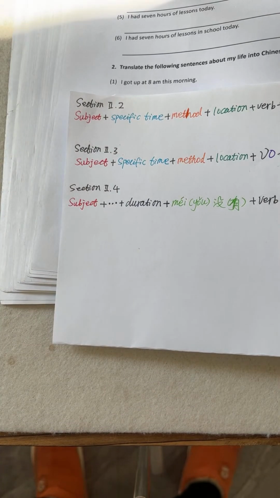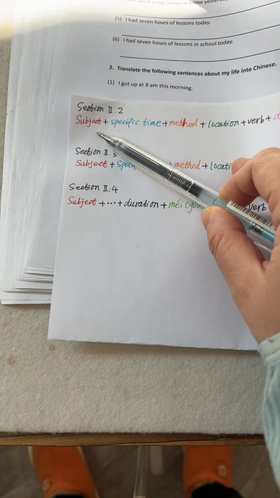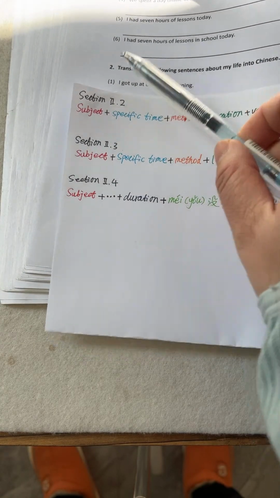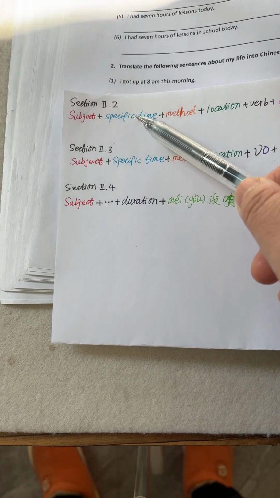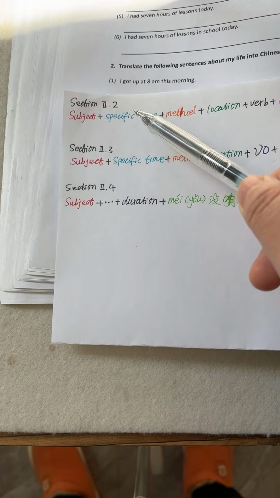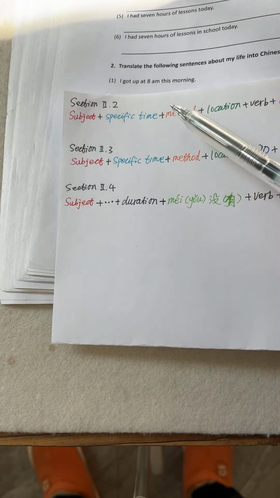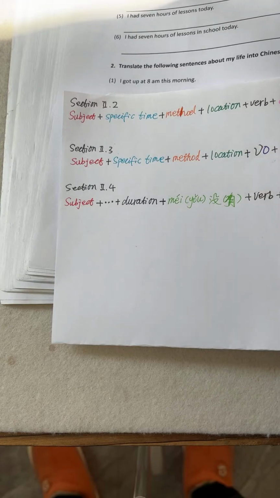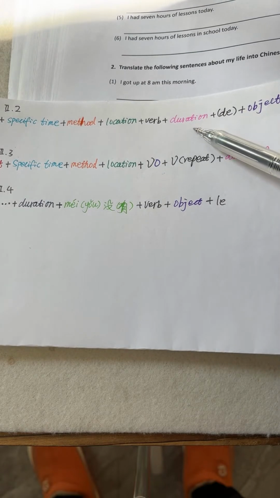In this sentence, what is the subject? I. Do we have a specific time? Yes, the specific time is 8 a.m. this morning. Do we have a method? No. Do we have a location? No. Do we have a duration?